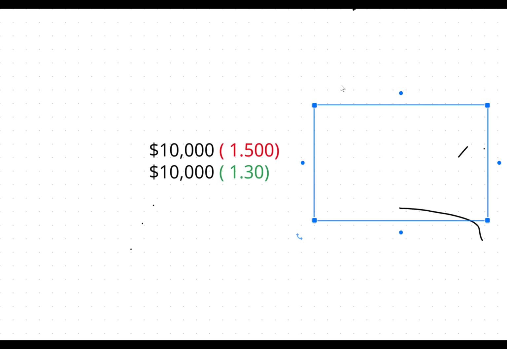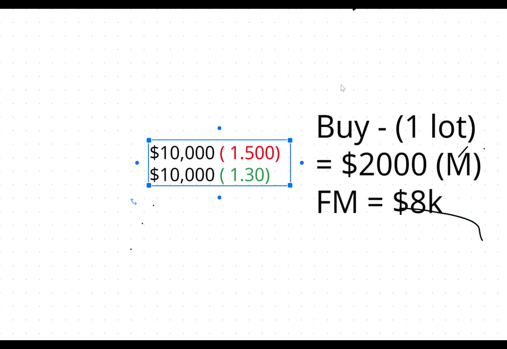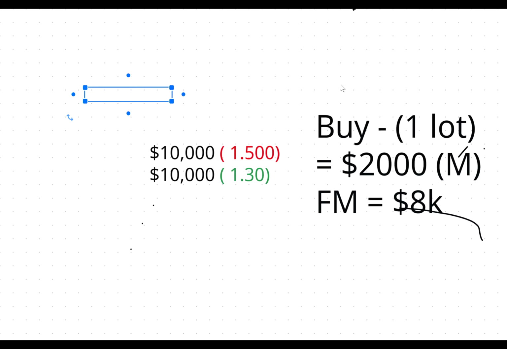But if you see this particular guy here, of 1:30, let's say he placed a trade of the same value, the same buy with one lot, and the broker takes $2,000 to open that trade. Then remember, ideally, his free margin will be the same 8K.